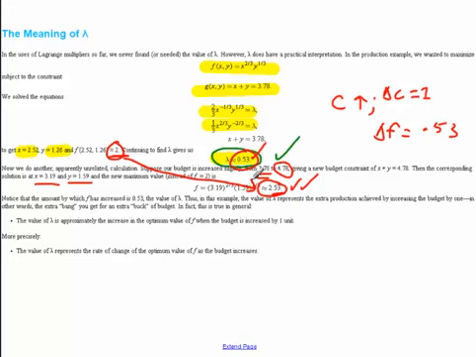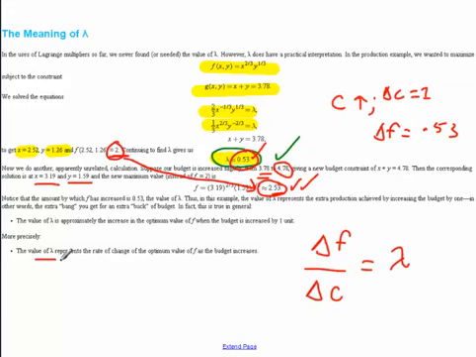Well, while this isn't a proof, this is just showing the pattern, which is that the change in my function that I'm trying to optimize over the change in my constraint equals lambda.